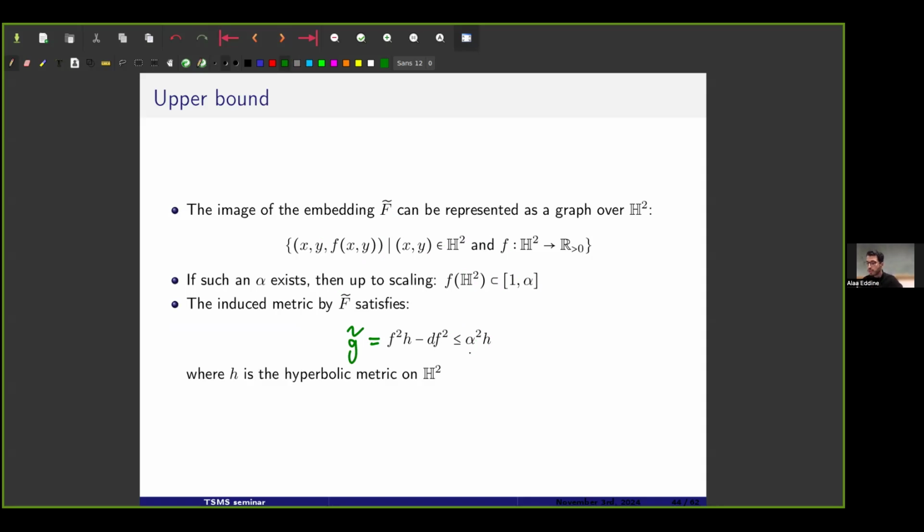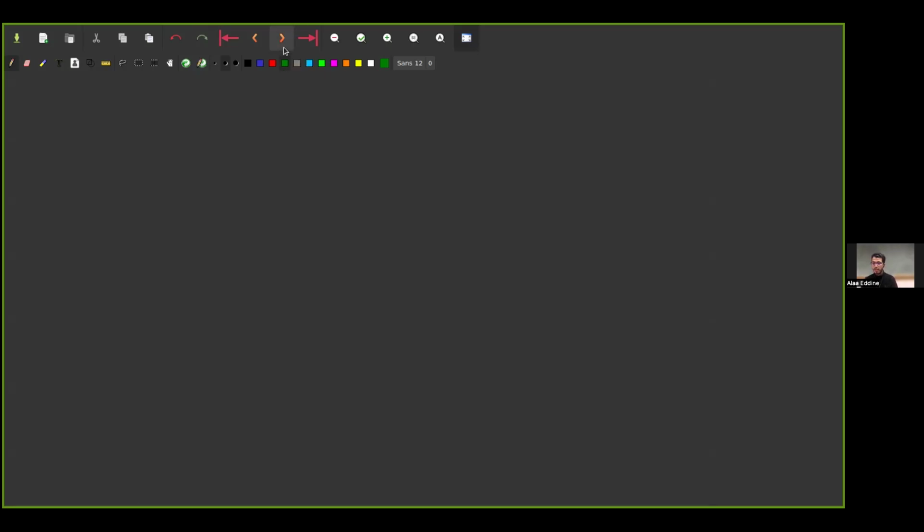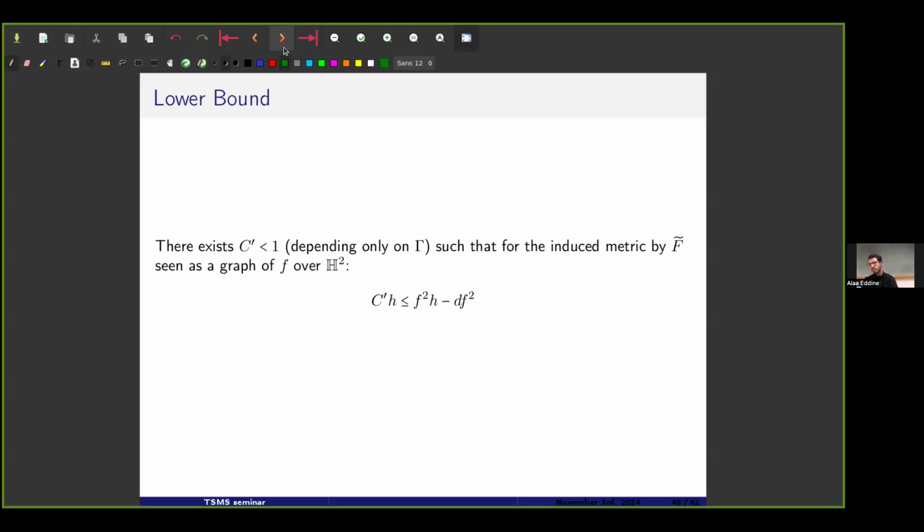So it is always bounded by this. And alpha, as we said before, does not depend on the metric G tilde. Okay. So this is for the upper bound, and for the lower bound we will use the convexity again.